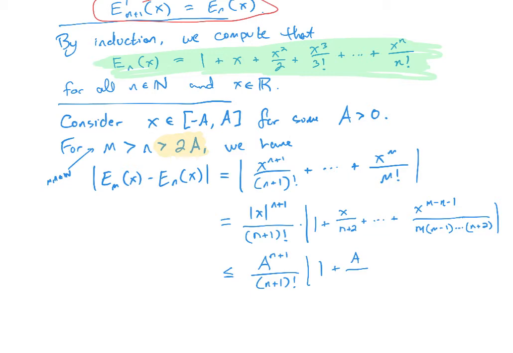So I'm going to replace every term in the denominator with an n. So instead of n plus 2, we'll have an n. And we will get to the end. We will have an a to the m minus n minus 1 over an n to the, how many things do we have in there? It is the same. m minus n minus 1.